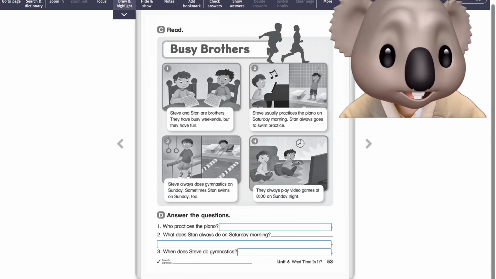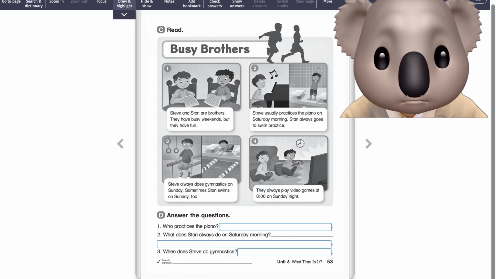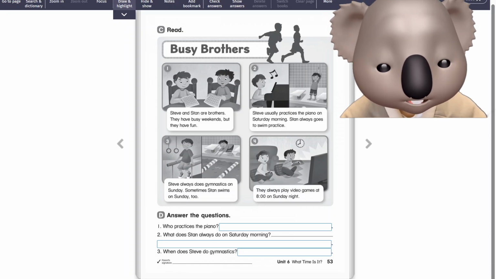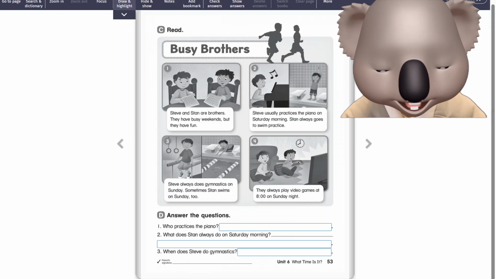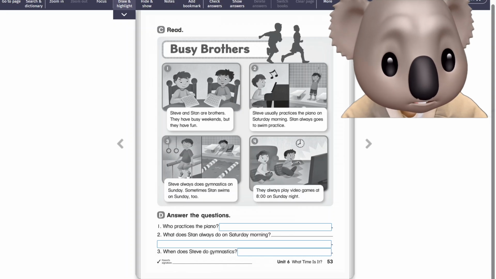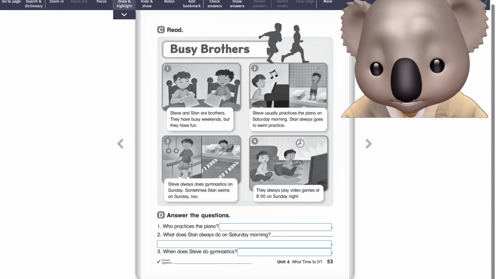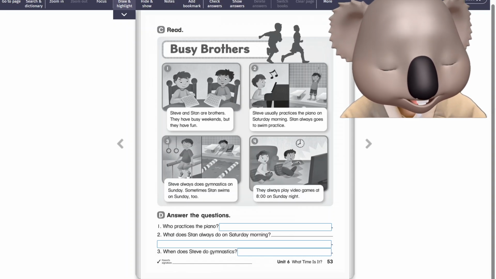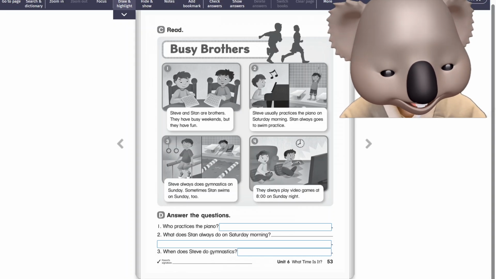Stan always goes to swim practice. 오, 스티브는 보통 피아노 연습을 하고 스탠은 매주 토요일에 수영 연습을 하구나. In the third picture, Steve always does gymnastics on Sunday. Sometimes Stan swims on Sunday too. 일요일마다 스티브는 gymnastics를 한대. 스탠은 가끔씩 일요일에 수영을 한대. In the last picture, they always play video games at 8 on Sunday night.